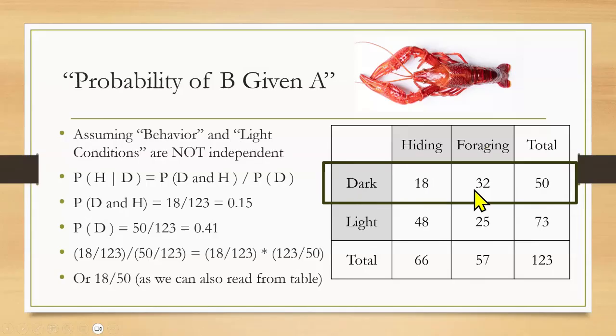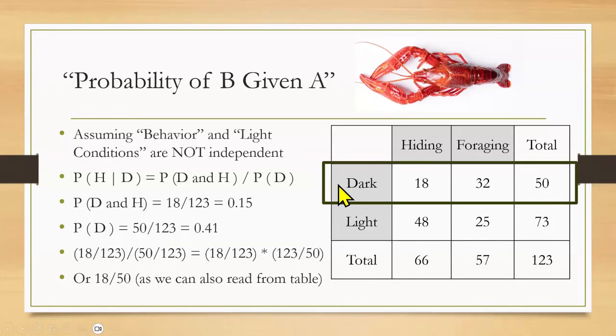Given dark, what's my probability foraging? All right, so we're going to isolate this row, and we can just calculate 18 out of 50. All right, so if we have our data set up in this way, then our contingent probabilities are really easy to find. Okay, and it also helps you understand what that contingency means. It means, well, we're only going to look at the ones in this dark category.